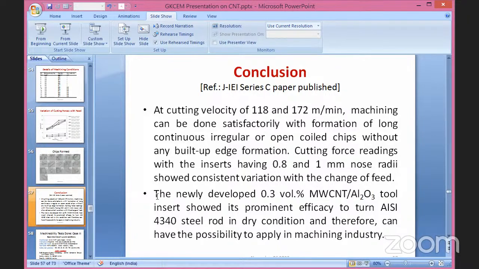Cutting force readings with inserts having 0.8 and 1 millimeter nose radii showed consistent variation with the change of feed. And the newly developed 0.3 volume percent multi-walled carbon nanotube and alumina tool insert shows its prominent efficacy to turn AISI 4340 steel rod in dry condition, and therefore can have the possibility to be applied in machining industry.